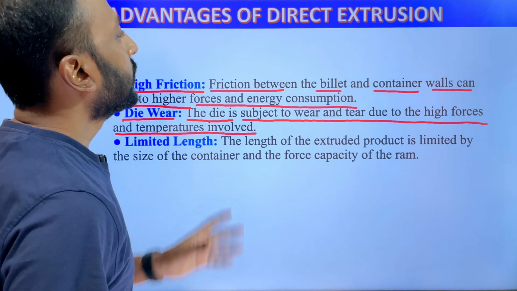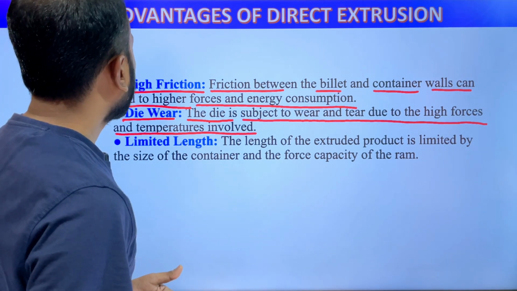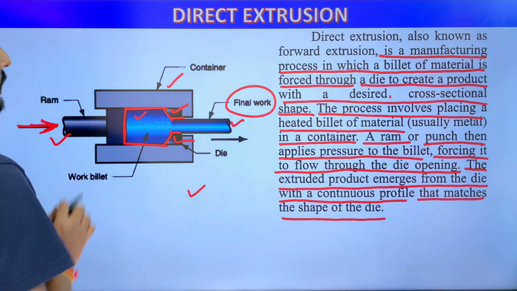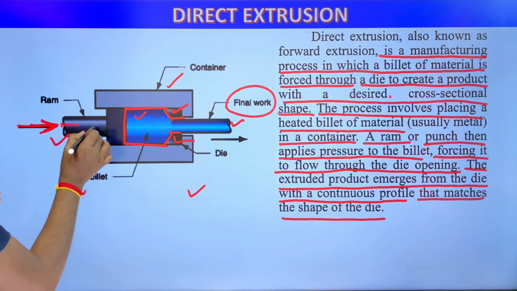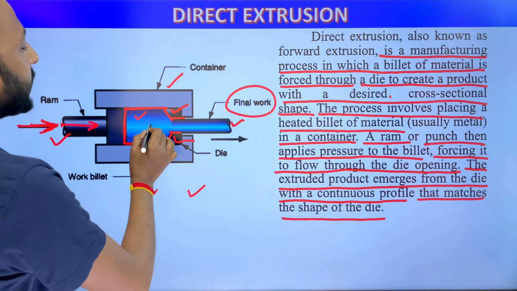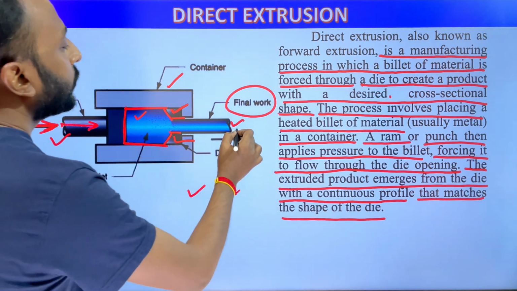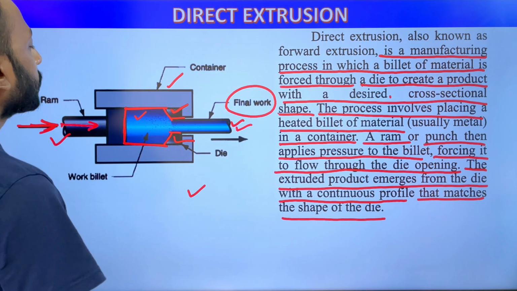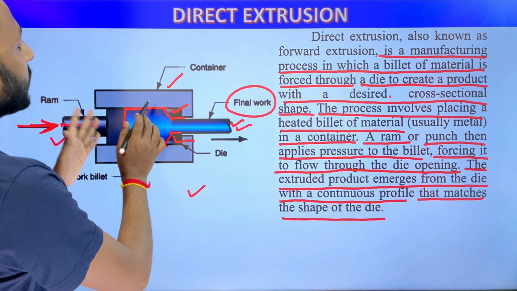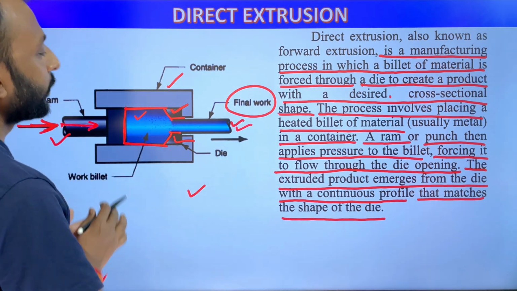So when we are doing the direct extrusion process, in this figure we can see the direct extrusion process. We are forcing the ram towards this side, and the metal billet is converted to the final product. So here between the container and the metal billet, the friction is noticeable.